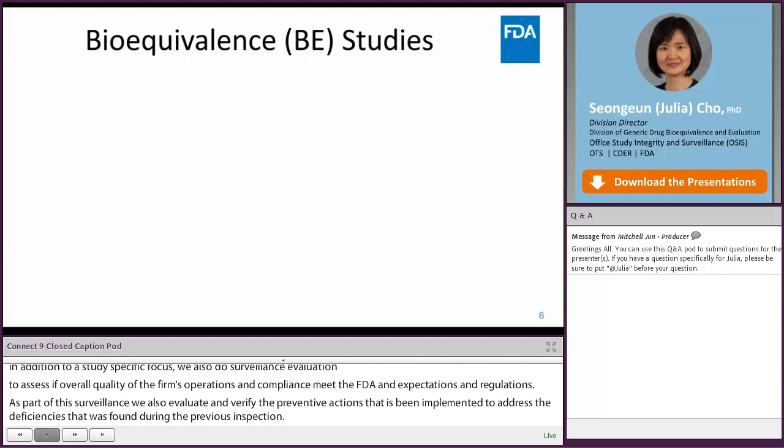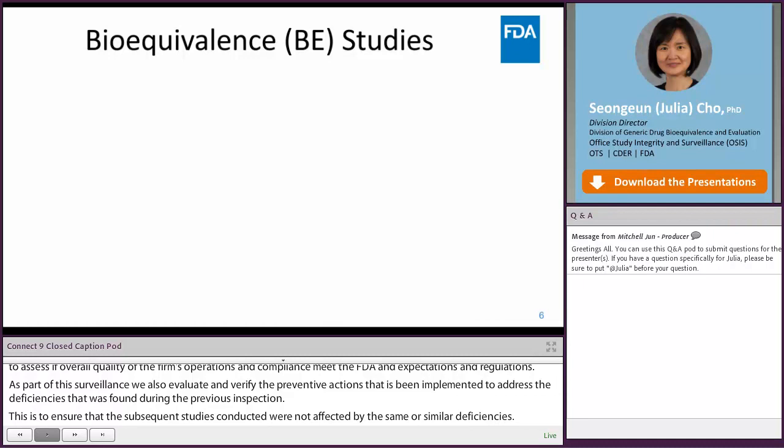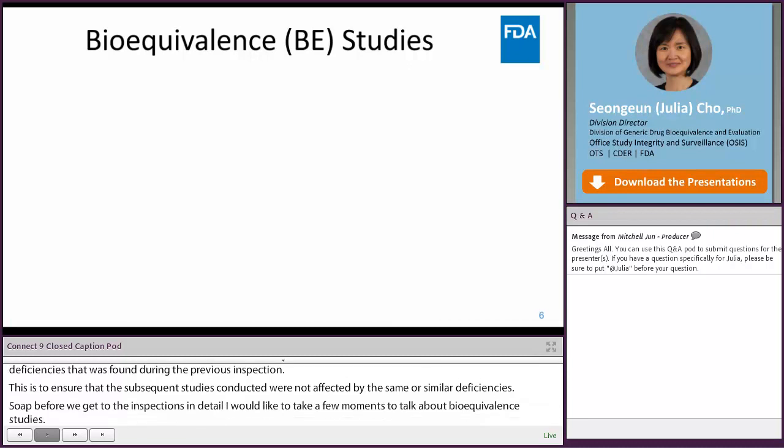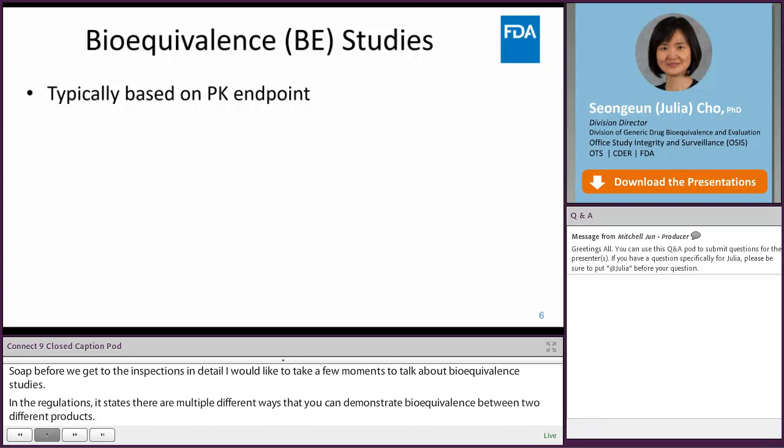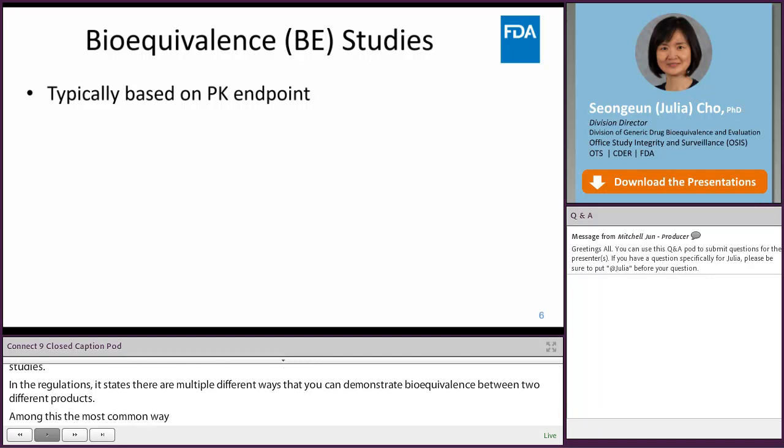So before we get to the inspectional detail, I'd like to take a few moments to talk about bioequivalence studies. In the regulation, CFR Part 320, it states that there are multiple different ways that you can demonstrate bioequivalence between two drug products. Among these, the most common way of demonstrating BE is pharmacokinetic-based, PK-based BE studies. And typically, PK endpoint BE studies involve two types of facilities.